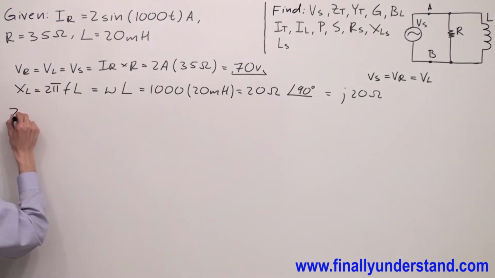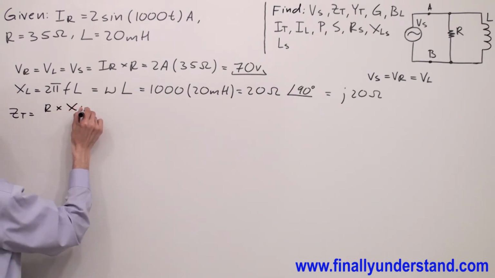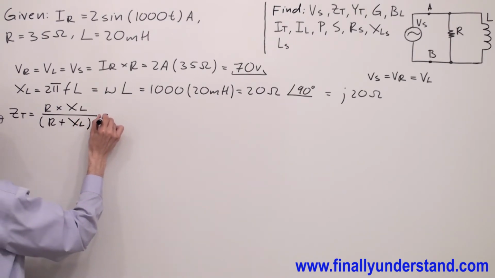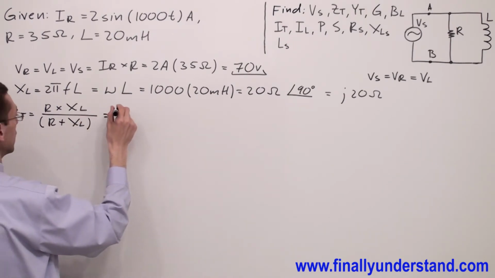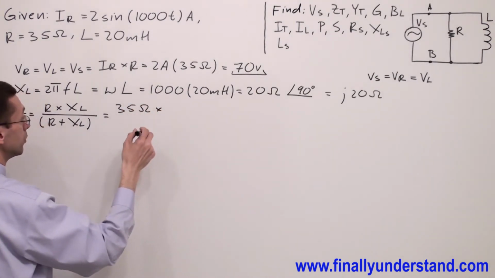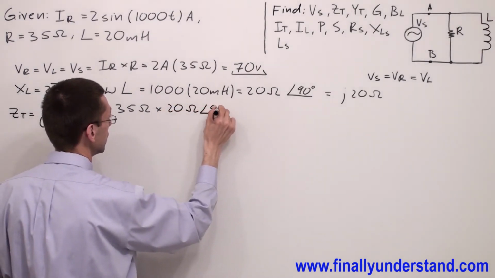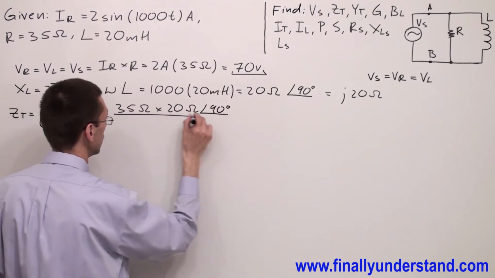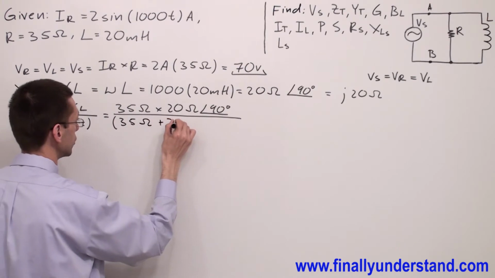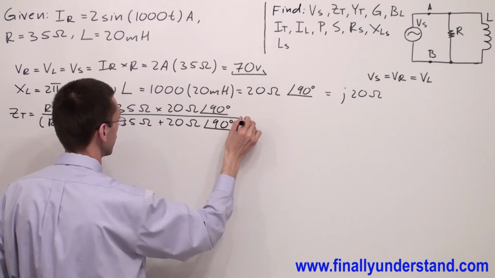So Z total is equal to resistance times X of L over resistance plus X of L, where R is equal to 35 ohms times X of L, which is equal to 20 ohms and angle of 90 degrees, over, open parenthesis, 35 ohms plus 20 ohms and angle of 90 degrees.